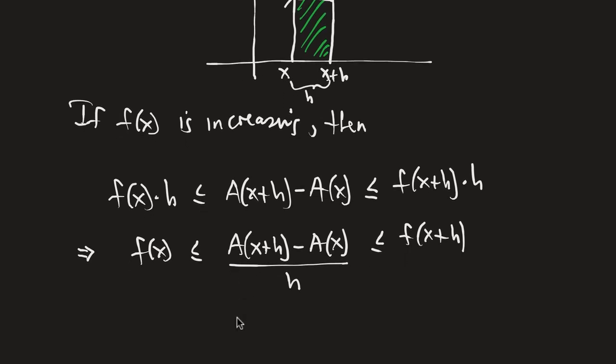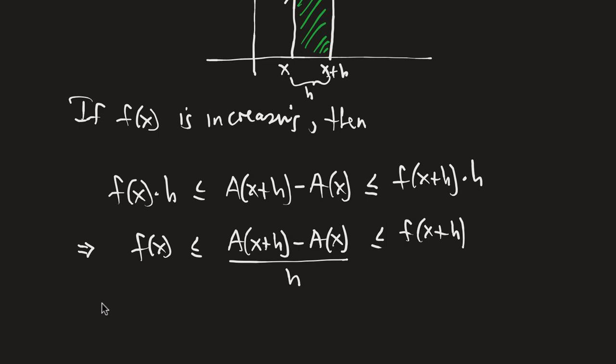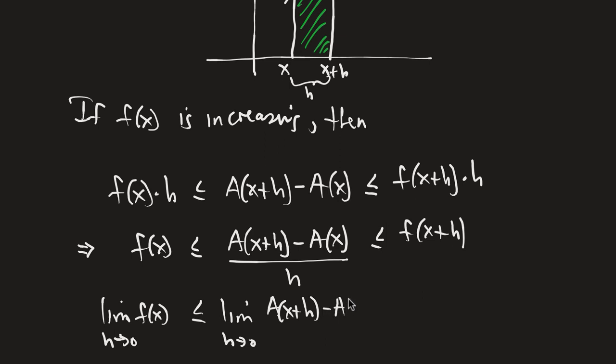So let's do this. If we take the limit as h approaches 0 of that part, then that would be less than or equal to the limit as h approaches 0 of the whole difference quotient, which is our definition of the derivative, right?